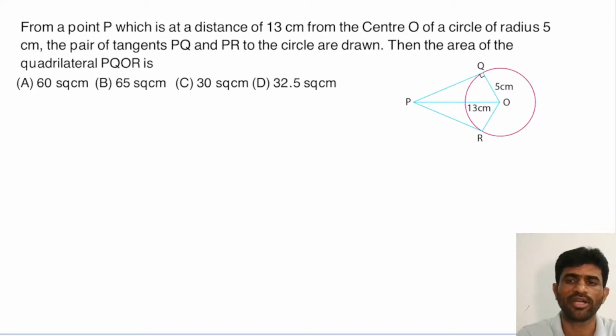We have to find out the length of the tangent first. See here, we have a right angle triangle. There are two right angle triangles in this. So you have one right angle triangle like this.